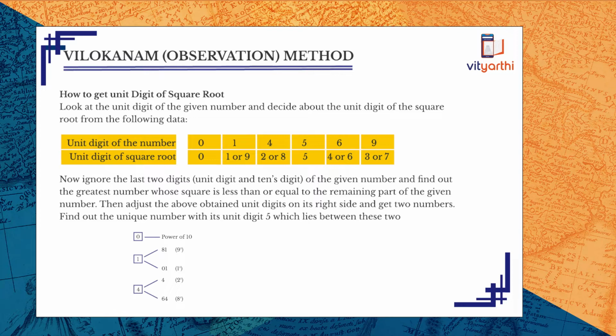If the number is 5, then in the unit place it will be 5. If 6 is in the unit place, then the square root will contain either 6 or 4 in the unit place. If 9 is in the unit place, then the square root may contain 3 or 7 in the unit place.